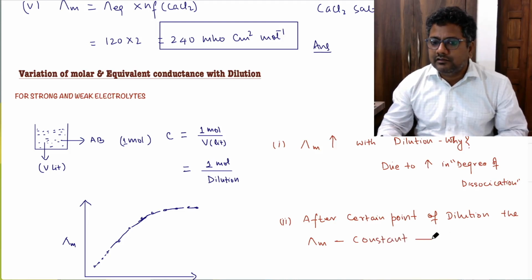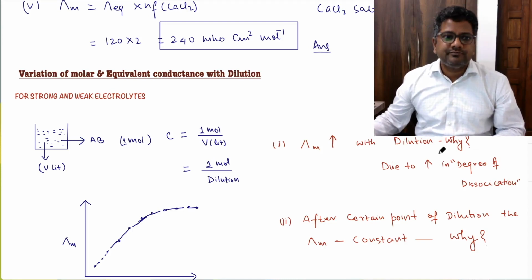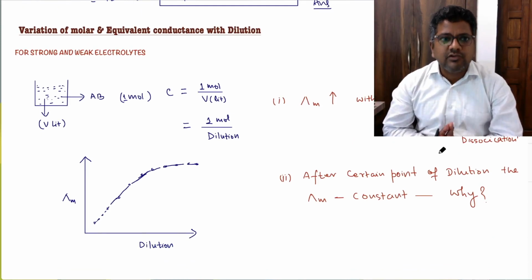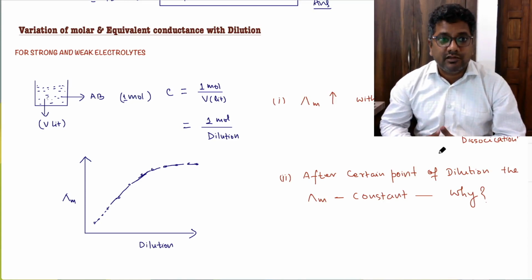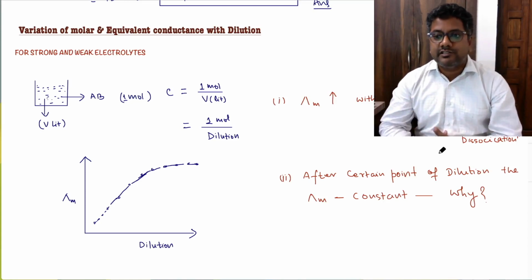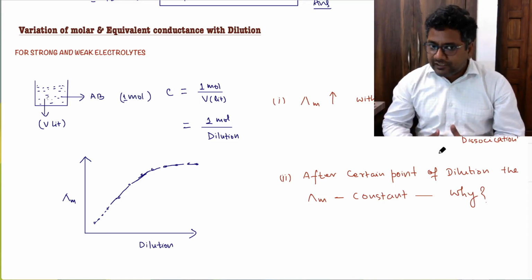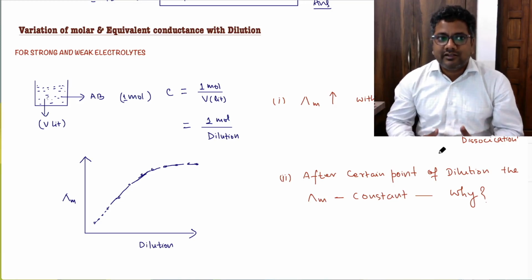Again, the question arises: why is this constant? What logic can we put here? Whatever number of molecules we have in 1 mole of the electrolyte, Avogadro's number of molecules, all the molecules get dissociated. Once all the molecules are dissociated, the number of ions is fixed, and if the number of ions is fixed, molar conductance will be constant.